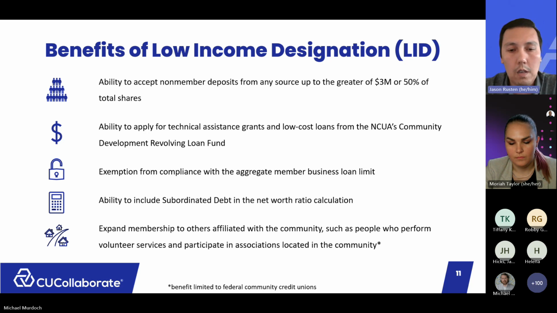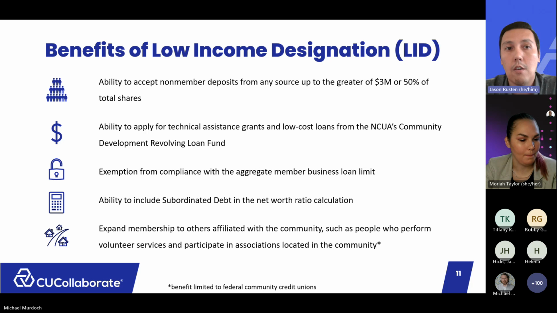The last benefit here is limited to federal community credit unions, but there is added flexibility in terms of opening your field of membership up to individuals that participate in associations that are headquartered in your community.